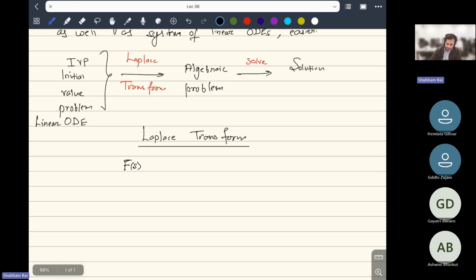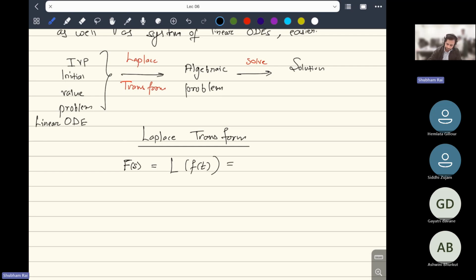It is also denoted by capital L, and we are going to take the Laplace transform of this function. This is the original function, and its Laplace transform will be denoted by capital F. So a function is denoted by a small letter, and its Laplace transform by a capital letter.